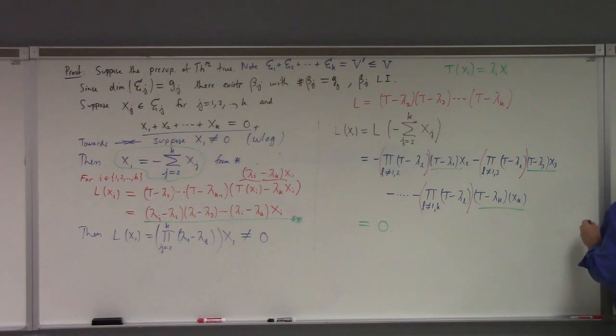Corollary: for distinct eigenvalues lambda 1 through lambda k, E1 plus E2 plus through Ek is equal to, in fact, this.